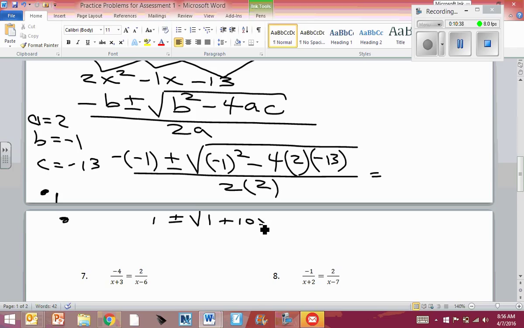It's 104 plus 1, so 105. And 105 is not a perfect square, so it's going to stay in the radical. All right, so then I'm going to leave this as 1 plus or minus the radical 105, all over 4.